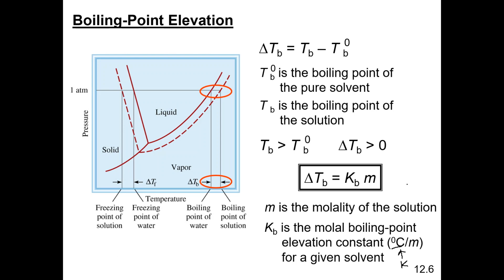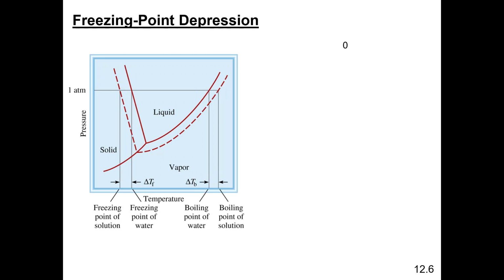Now there's another colligative property known as the freezing point depression, which is very similar in some respects to the boiling point elevation. Now it's based on the state of affairs that happens in this region. Let me go back to my pointer. In this region right here, all right? So again, we have the line here, which represents the different melting points or freezing points for the substance for different temperatures and pressures, right?